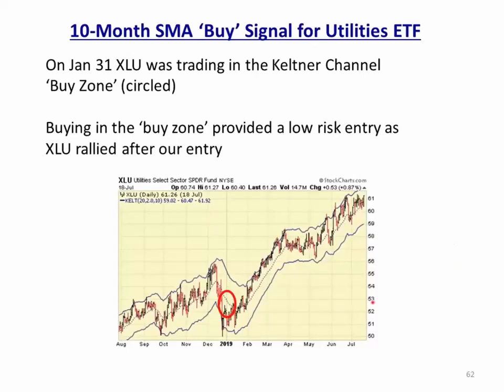Now on January 31st, XLU was trading in the Keltner Channel Buy Zone, which is circled right here. So this line right here was the price of XLU on January 31st. You can see that the price is trading below the upper Keltner channel, so this stock was on a buy signal, and we were in a buy zone when we purchased the option.